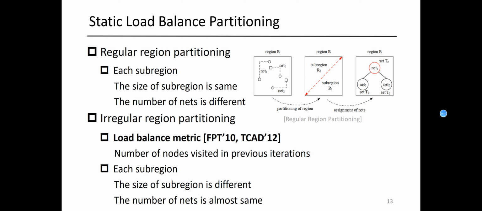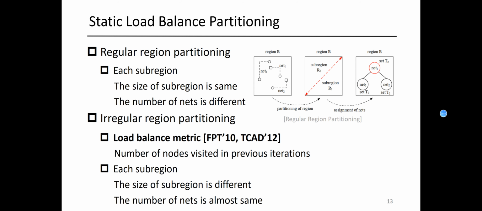In static load balance partitioning, we consider regular and irregular region partitioning methods. In the regular region partitioning method, the size of each subregion is the same, and the number of nets in the set is different.